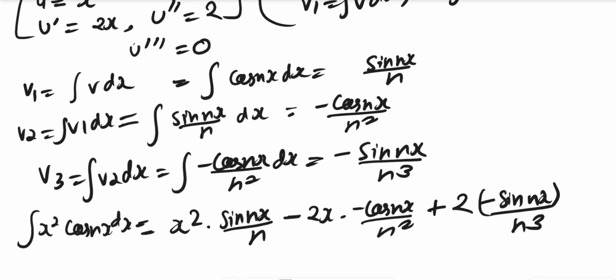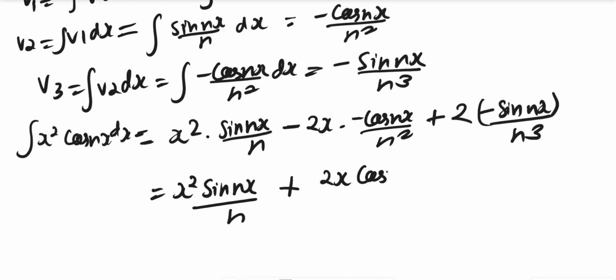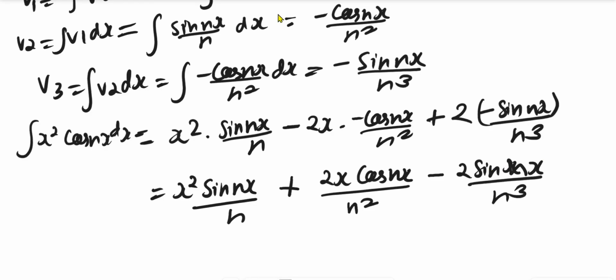We will simplify this. It is x square sin nx divided by n plus 2x cos nx divided by n square minus 2 sin nx divided by n cube.